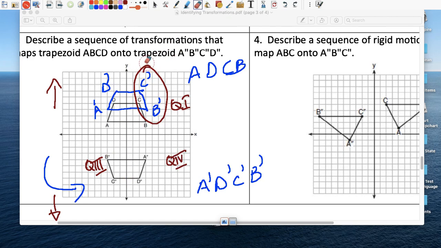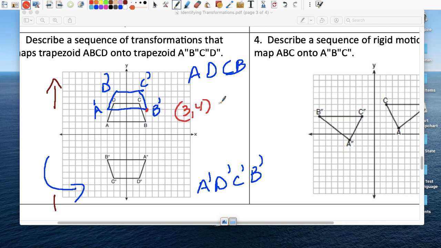And just to go over one more, let me prove it by picking one of the points. Let's try this point right here, B. B is 1, 2, 3, and 4 up. So it's in quadrant 1. So after 180 degree rotation, it'd be in quadrant 3. And the points would be 3 and 4, right? Because you switch once and then you switch back.